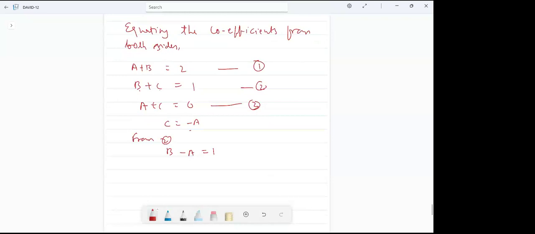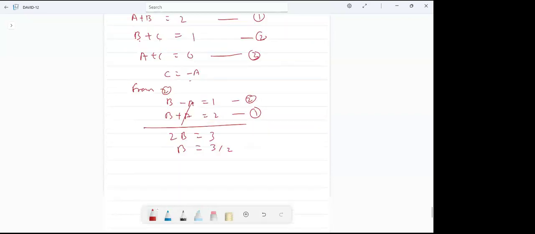Add them: 2b equals 3, so b equals 3 by 2. And a is 2 minus b, 2 minus 3 by 2, that is 1 by 2. And further we have c equals negative a.